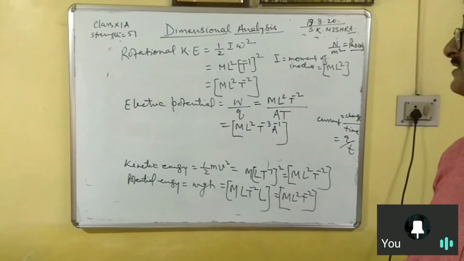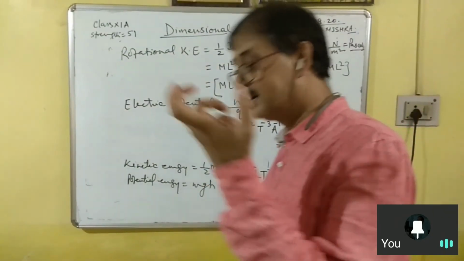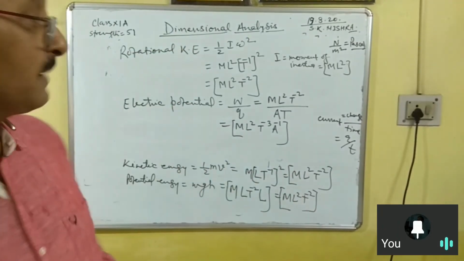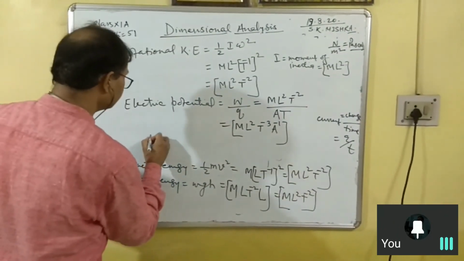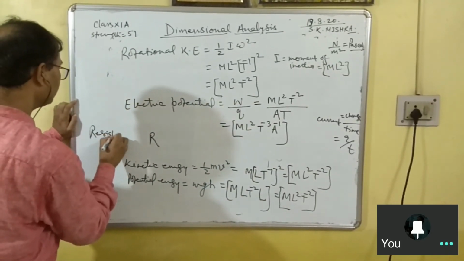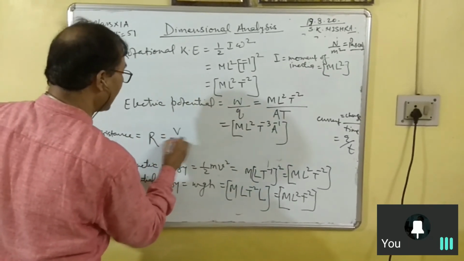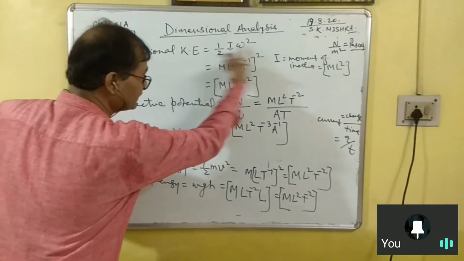When you study the heat chapter, there you need to take temperature also. Temperature is also required to write the dimension. Once you know the electric potential, you can find the dimension of resistance. Resistance R is V by I, where I is current. Don't get confused that I is moment of inertia.